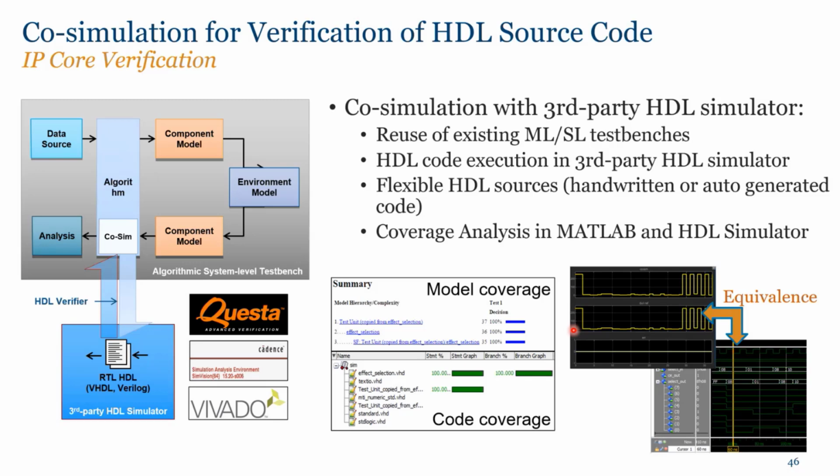We can also have some coverage analysis in MATLAB and the HDL simulator, right? So what you see here is what you could have for model coverage, and what you could see here is what you could have in Questa Sim for code coverage.